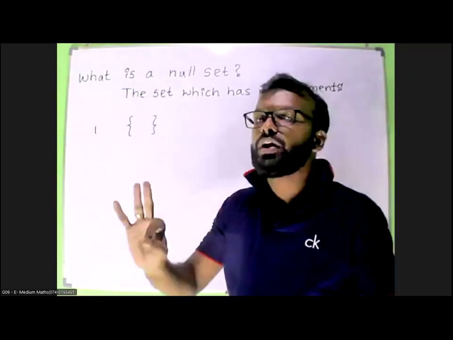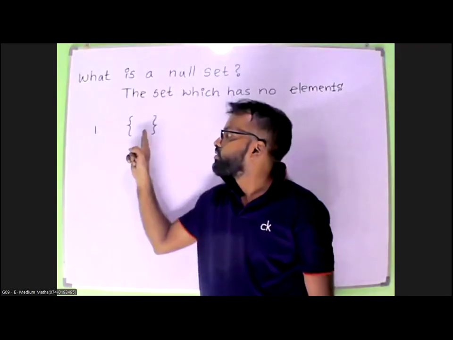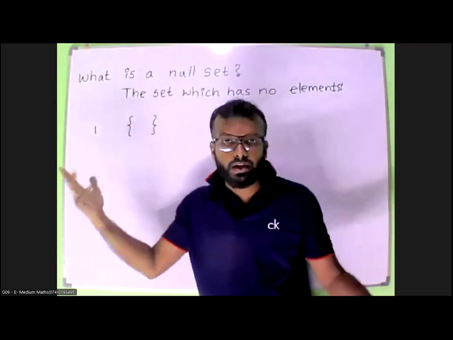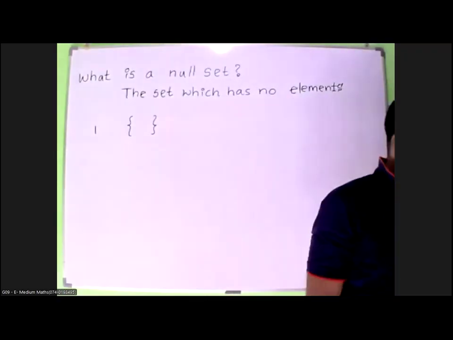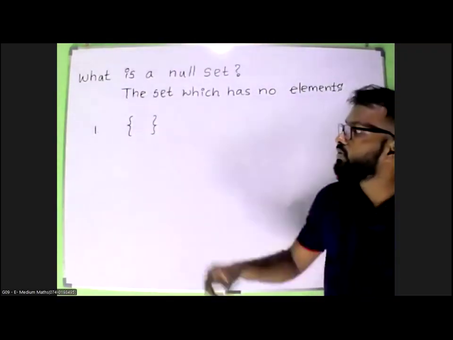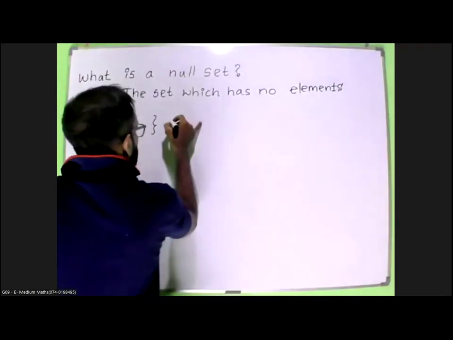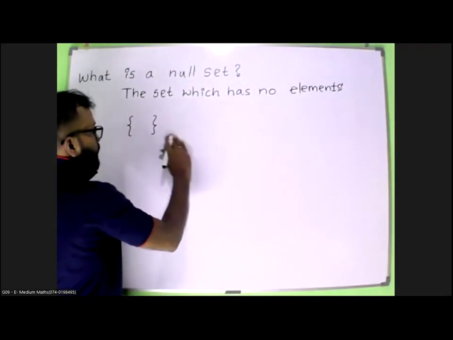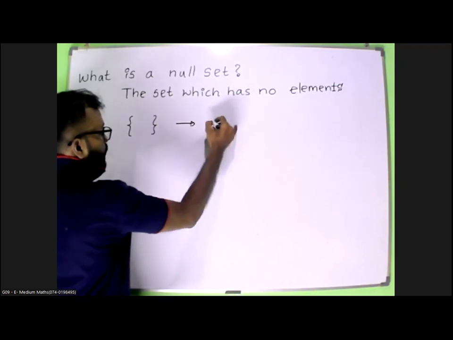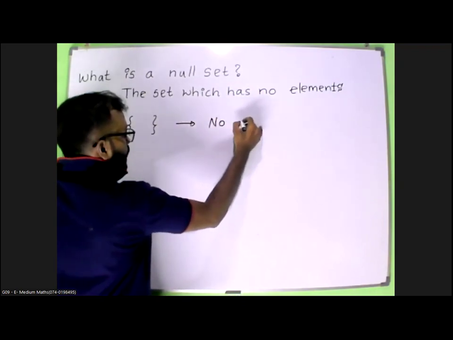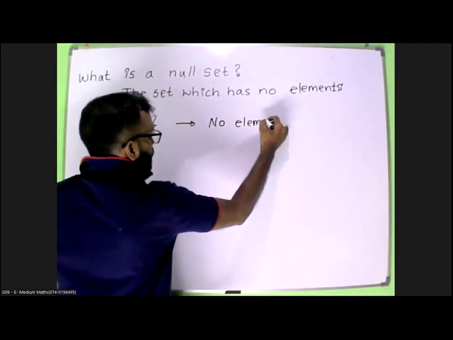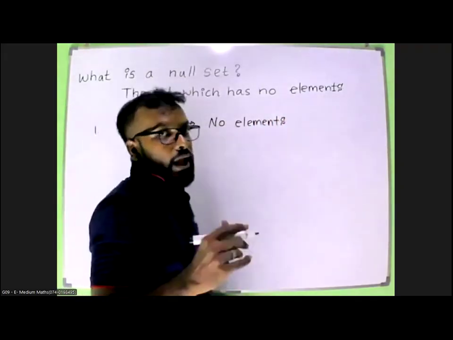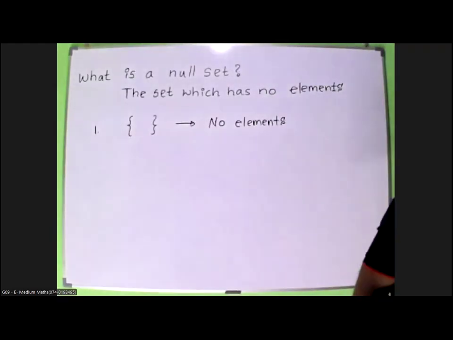Inside this, you cannot find any element. So this is one way to represent a null set. Empty curly brackets, because the number of elements is 0. No element. It is an empty set.